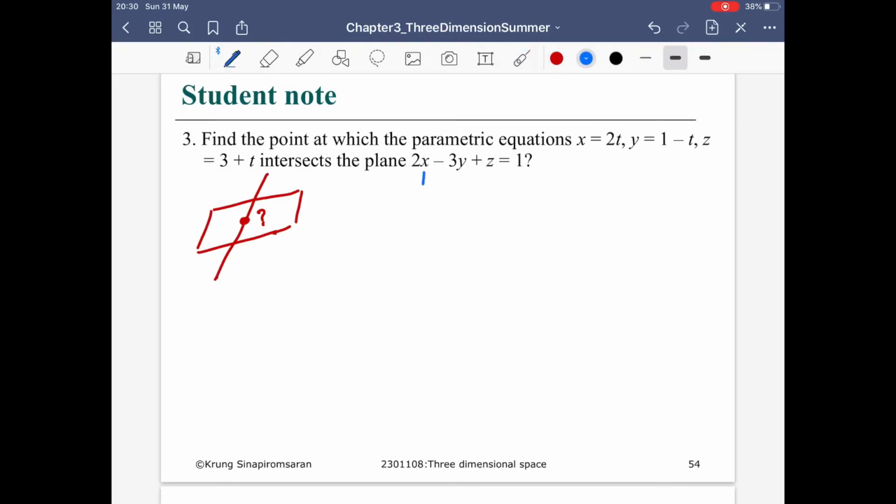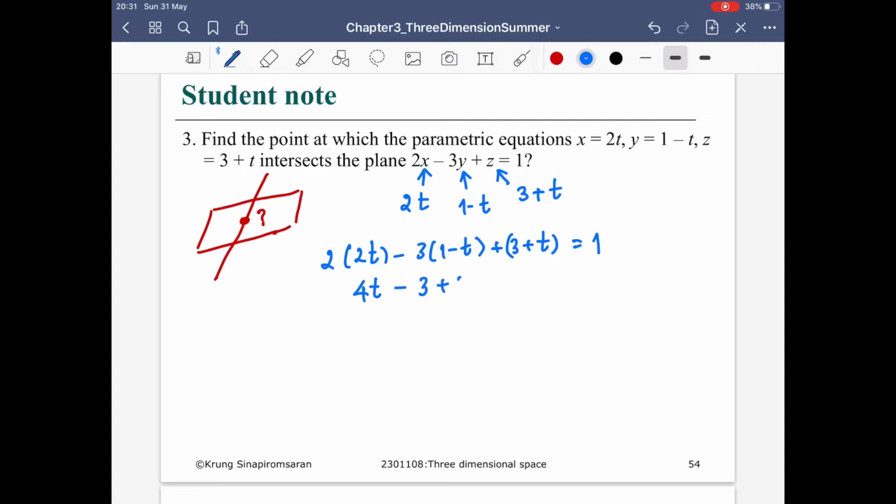So why don't we just plug in your x to be 2t, your y to be 1 minus t and your z to be 3 plus t, as the parametric equation of the line says. So you have 2 times 2t, 3 times (1 minus t), and 3 plus t equals to 1. And then you just solve for t, right? Because the only parameter that we have now is t.